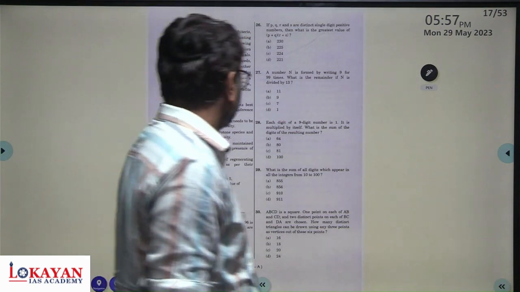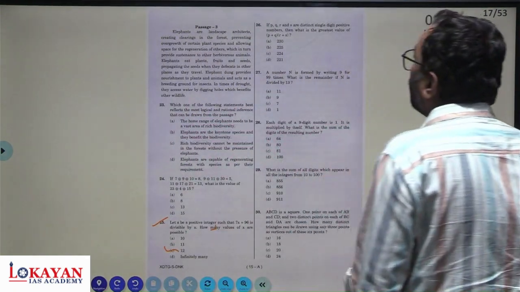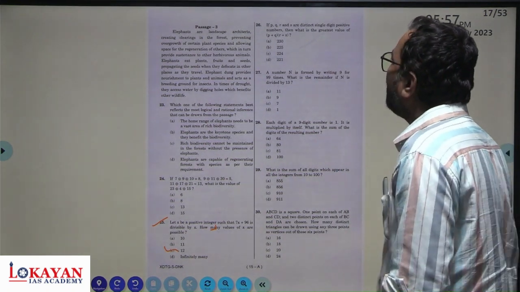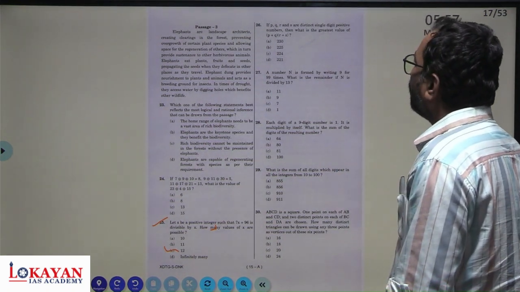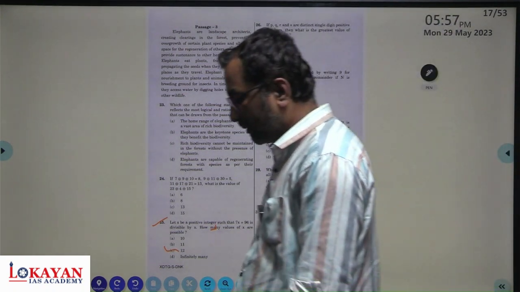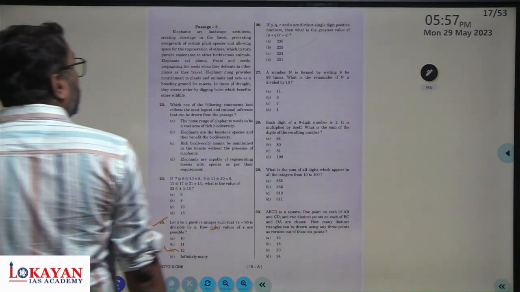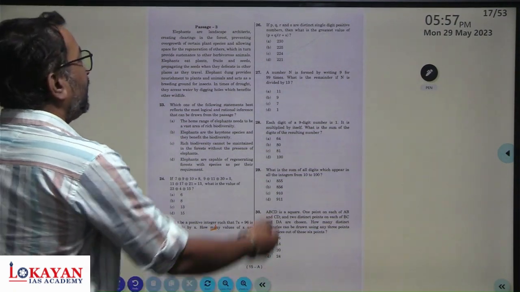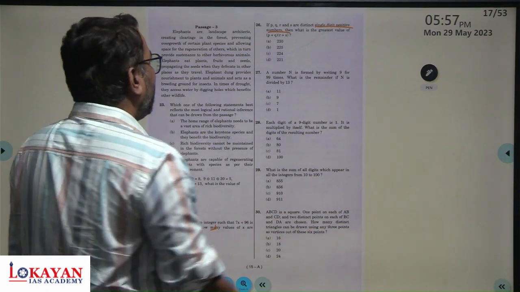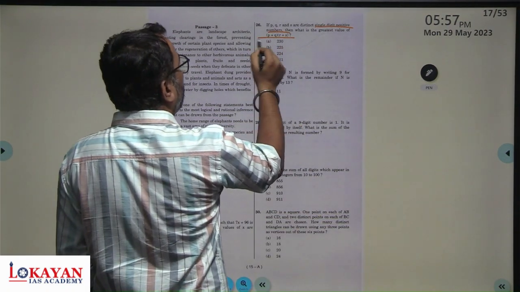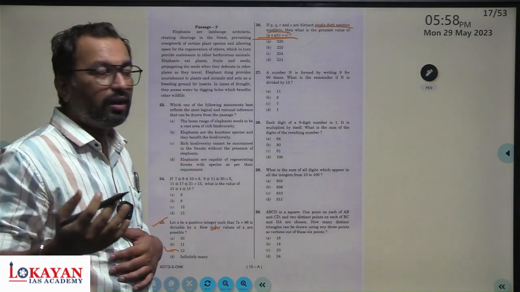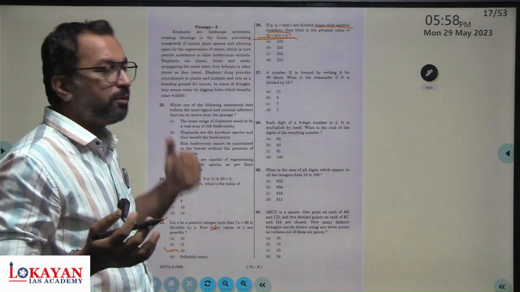Question number 26. If P, Q, R and S are distinct single-digit positive numbers, single digit 1 to 9, then what is the greatest value of P plus Q into R plus S? If we want this multiplication to be greatest, then these digits must be greater.